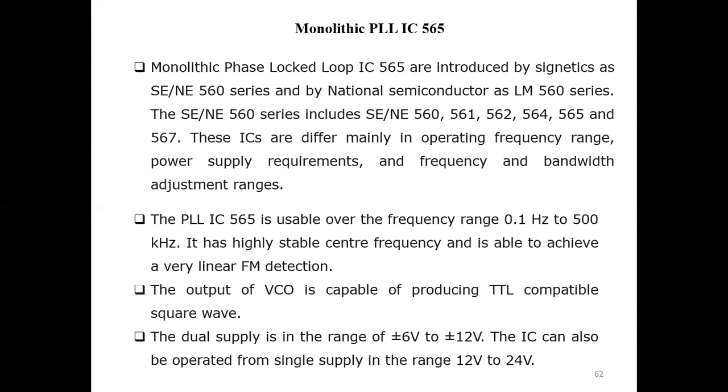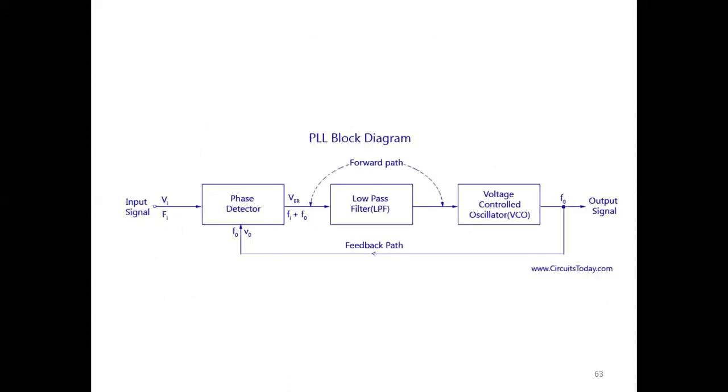It has a highly stable center frequency and is able to achieve very linear FM demodulation. The output of the VCO is capable of producing a TTL compatible square wave. The dual supply is in the range of plus or minus 6 volt to plus or minus 12 volt. The IC can also be operated from a single supply in the range of plus 12 volt to 24 volt.